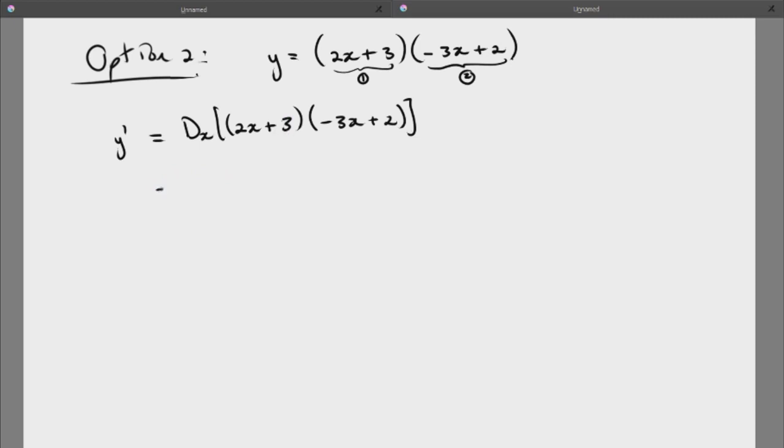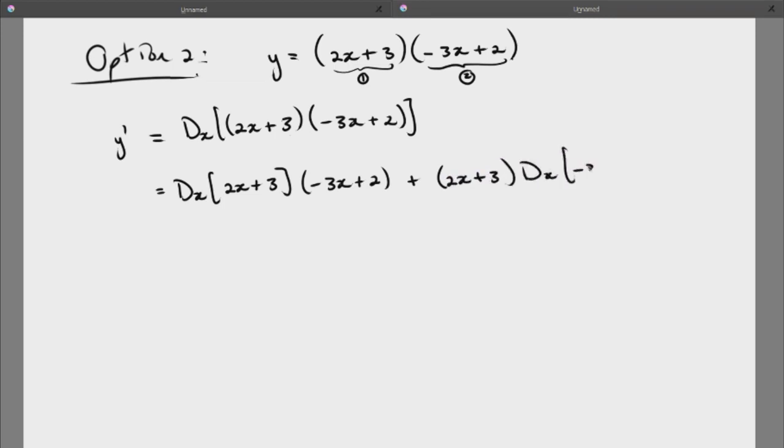All right. So, product rule says I take the derivative of the first, and I'll do that later, one property at a time, times the second just as it is, plus the first just as it is, times the derivative of the second. That is the product rule.